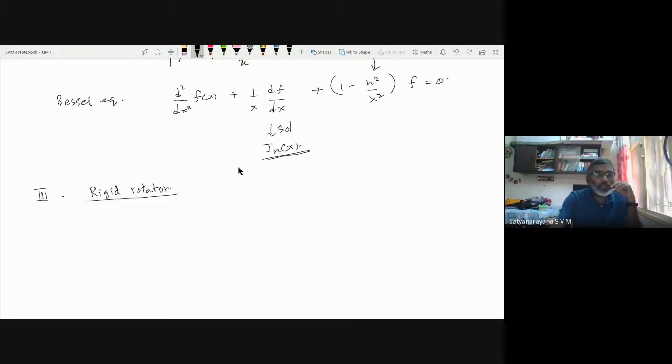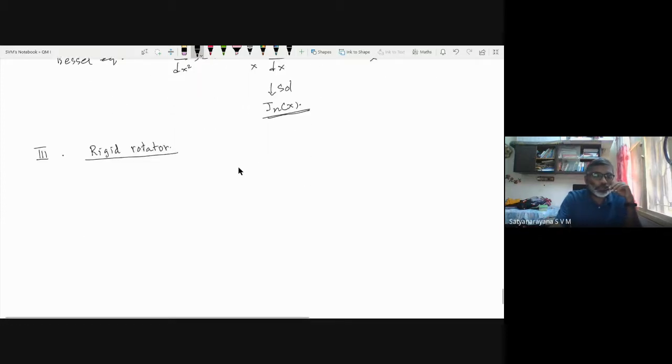So the rigid rotator essentially is that, in classical mechanics also you might have studied, you have a particle m1 and another particle m2 and this L is fixed, that is why this is called rigid.